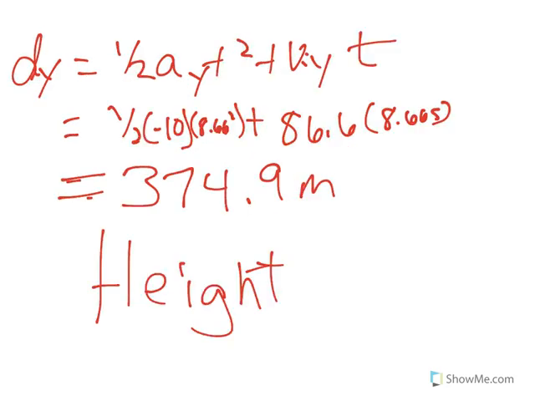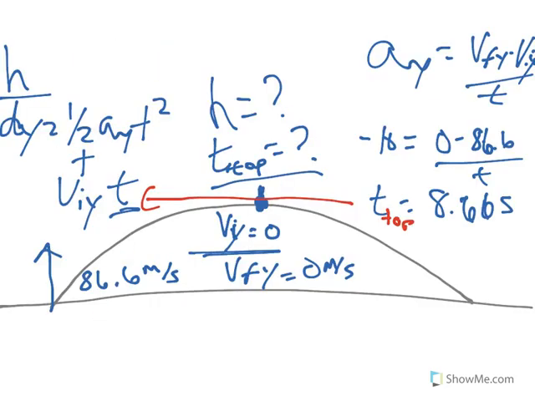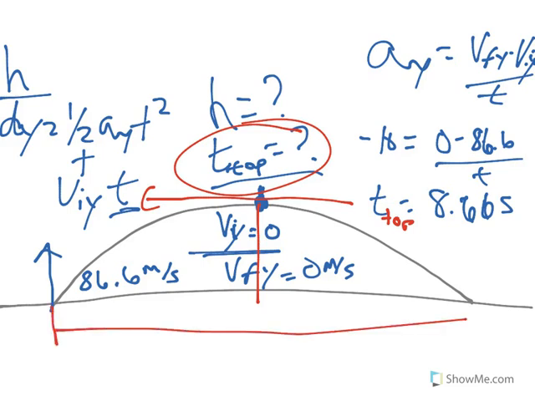But is the time we used the same as the time that we used here, the time to the top? Well, the answer to that is no. We don't use the time to the top, because if we look at this drawing, the time to the top stopped right here. But what we need is the time from here to here. So we need the total time.